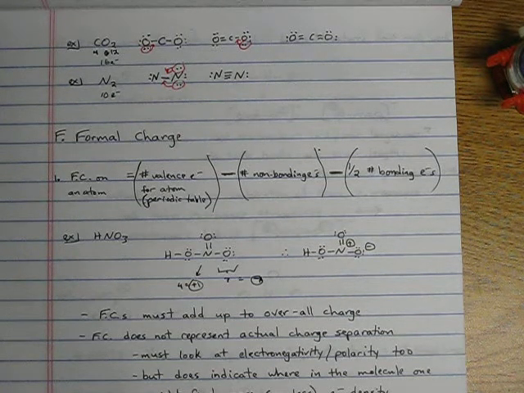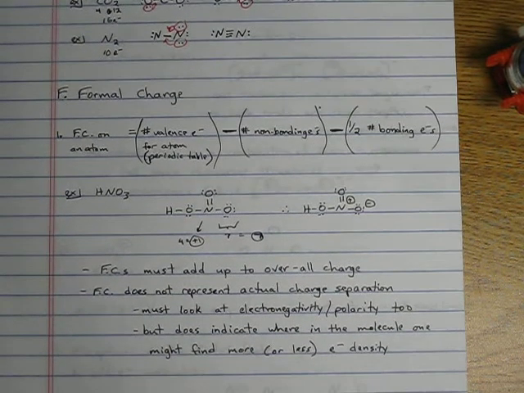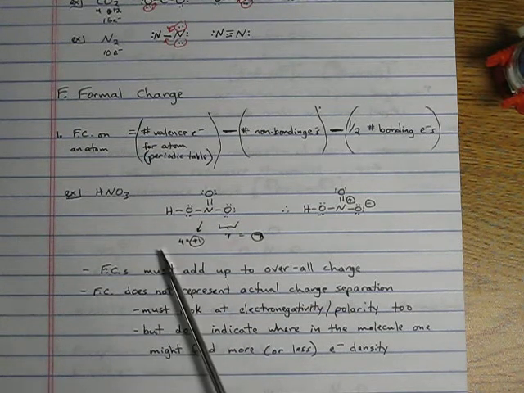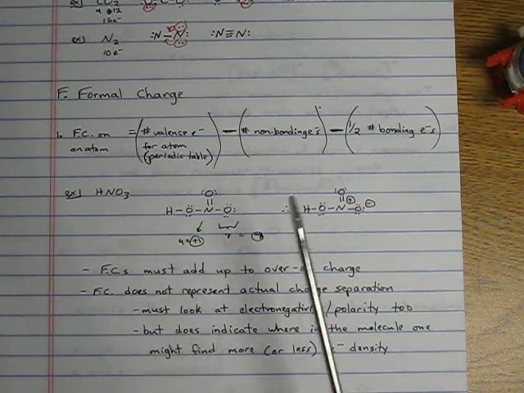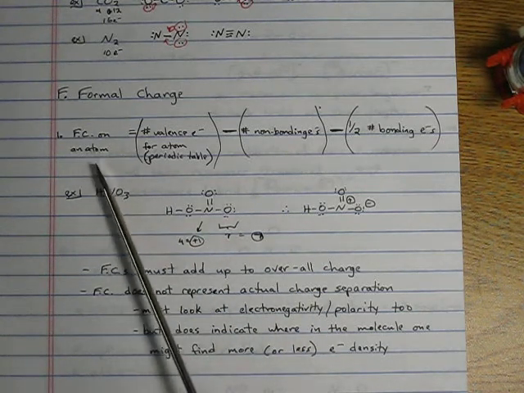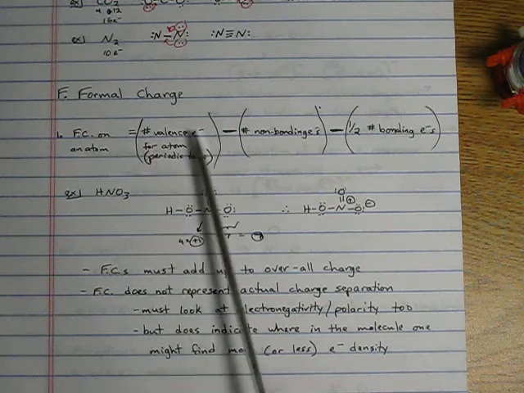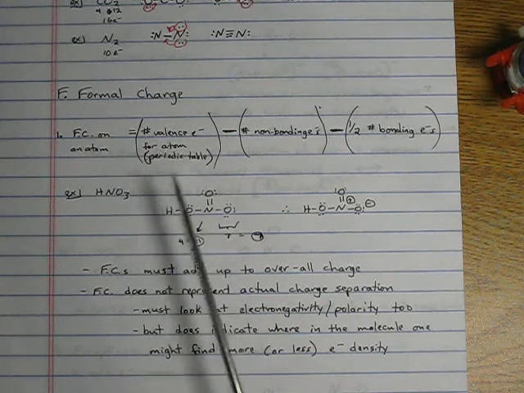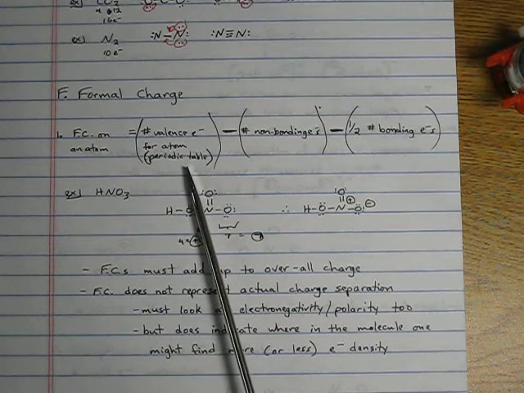Let's look at another important part of Lewis structures, something called formal charge. And truthfully, the equation for formal charge, we'll go through it, but we'll find that's much more complicated than the actual concept of the formal charge. To calculate the formal charge on any atom in a Lewis structure, you take the number of valence electrons for that atom that you'd find on the periodic table.